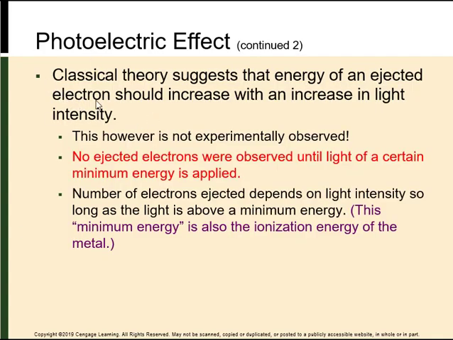And this just reiterates what we just said. There needs to be that minimum energy applied or no electrons will be observed, right? And the number of electrons ejected depends on the light intensity.